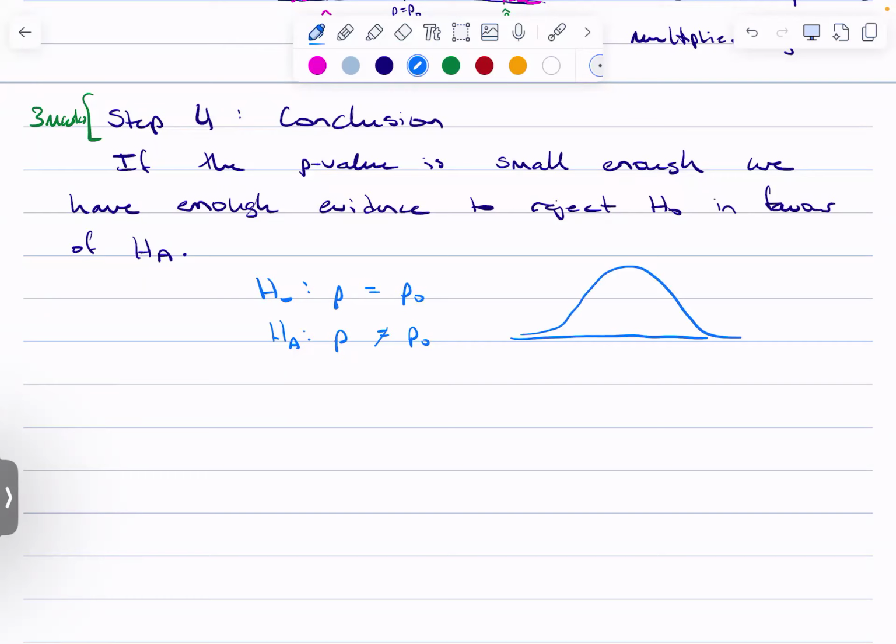If the center is at P naught, then I found my P hat to be out here. So my p-value is the area in both these tails because I have not equal to, so I allow it to potentially happen in the same way in the other tail.